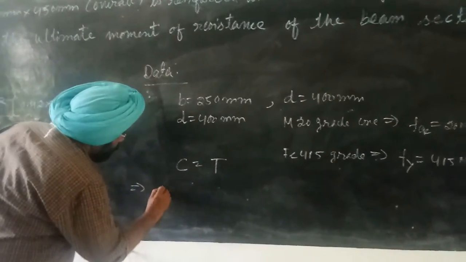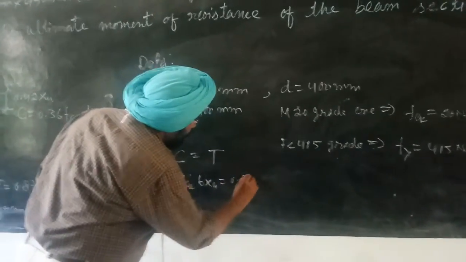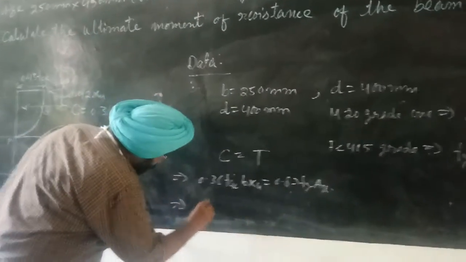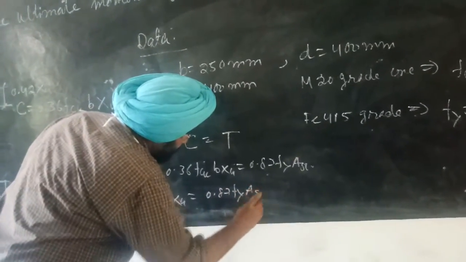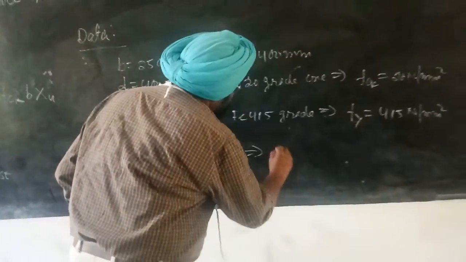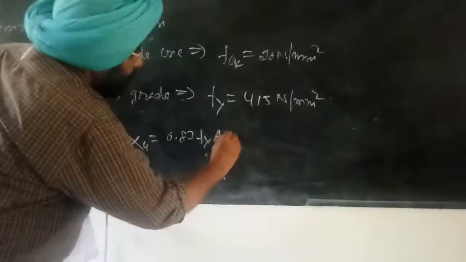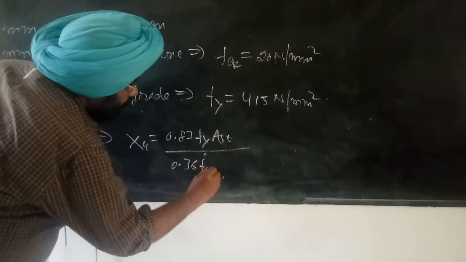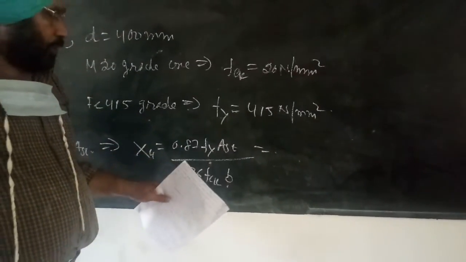That is 0.36 f_ck b x_u equals 0.87 f_y A_st. So x_u equals 0.87 f_y A_st divided by 0.36 f_ck b.